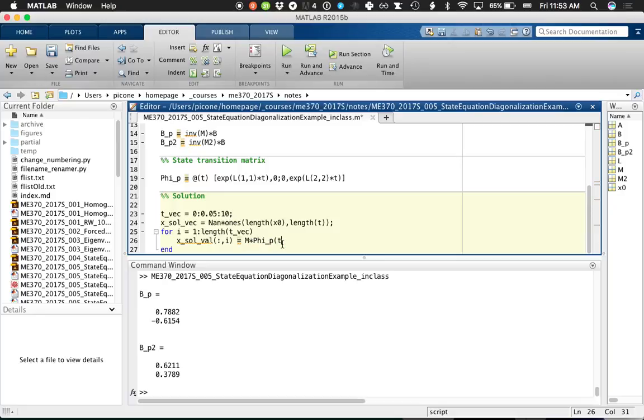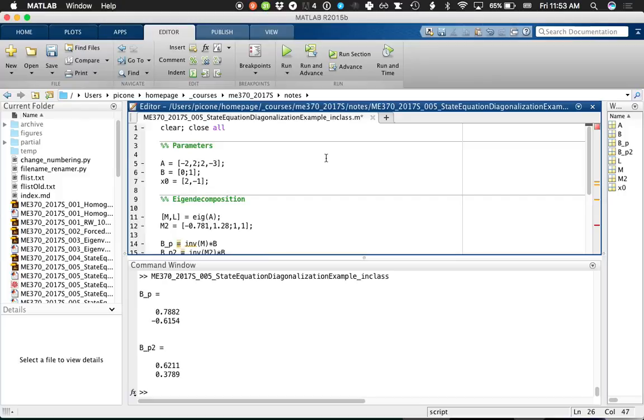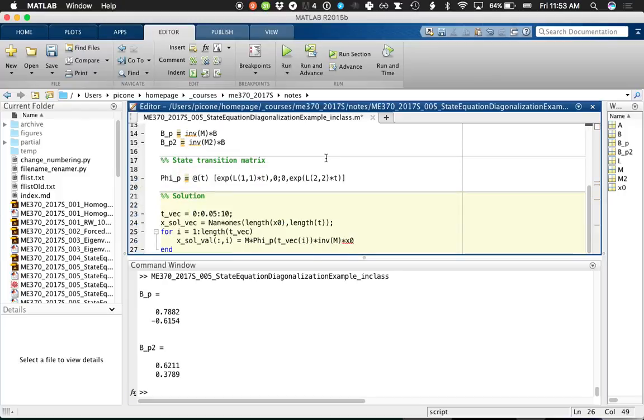It's t vec evaluated at i, that time value, times the inverse of m times the initial condition, right? The initial condition is x0. And that should populate. So now all we need to do is plot it, okay?